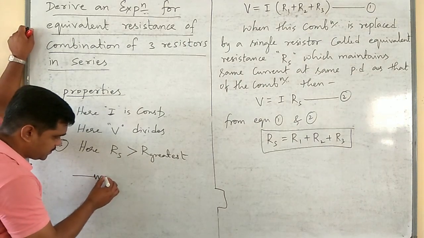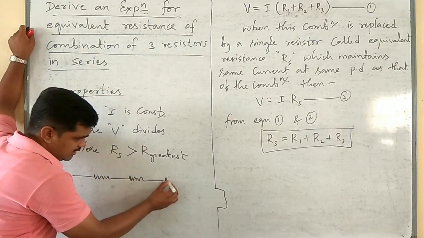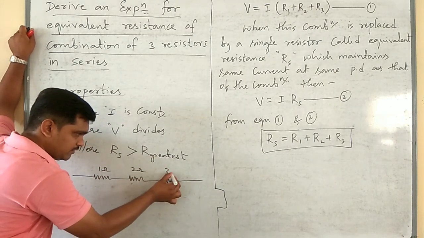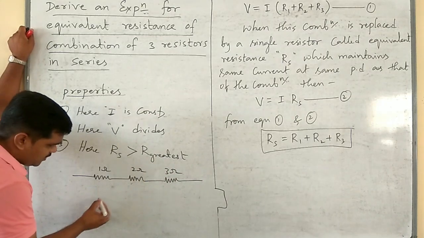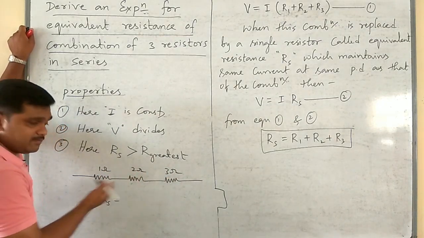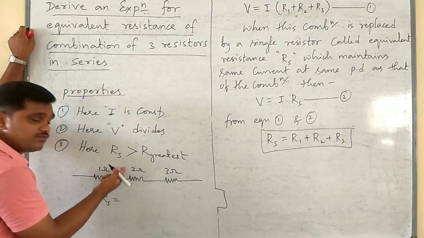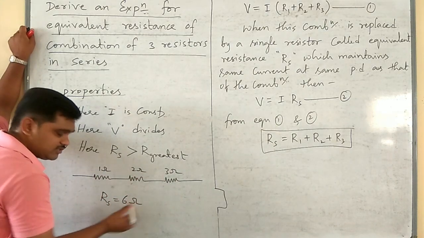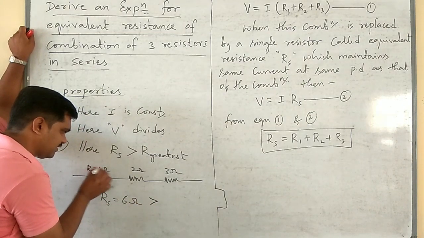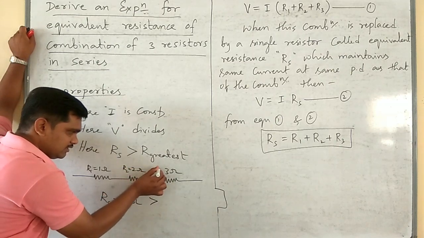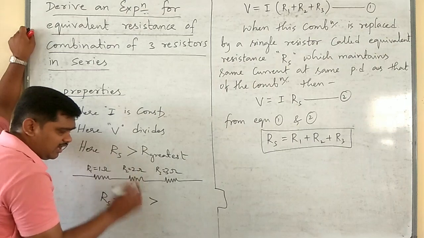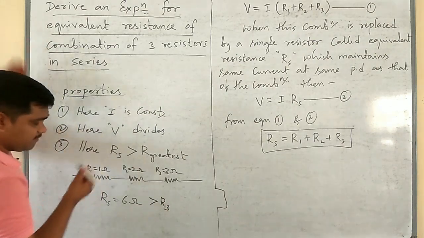For example, if you consider 1 ohm, 2 ohm and 3 ohm in series, what is the value of Rs? Rs is simply R1 plus R2 plus R3. So how much? 3 plus 2, 5, 5 plus 1, 6 ohm. Suppose this is R1, this is R2, this is R3. Then which is the greatest value here in the combination? R3.